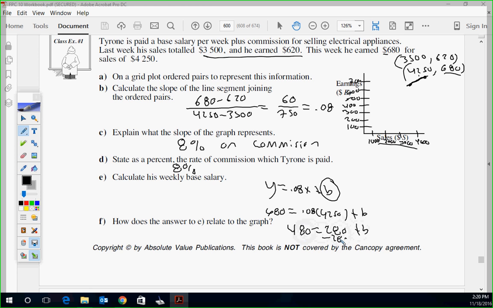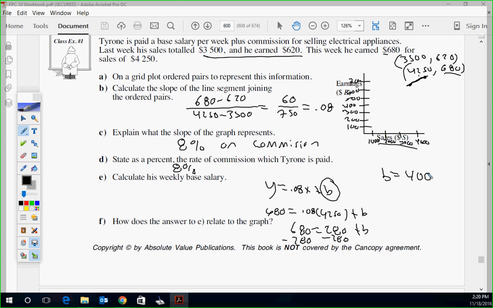So we minus 340. Yeah, don't blindly follow me. So b is 400. So the money he makes base is 400. So if you think about that, he had $400 base, and then 680 is how much he took home, so he had 280 bonus for that week.